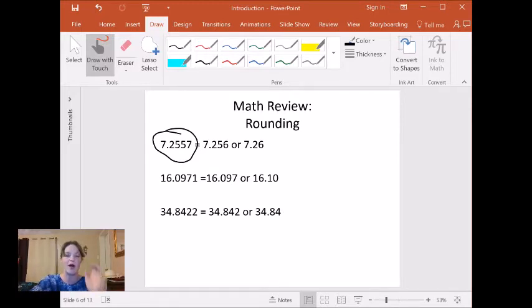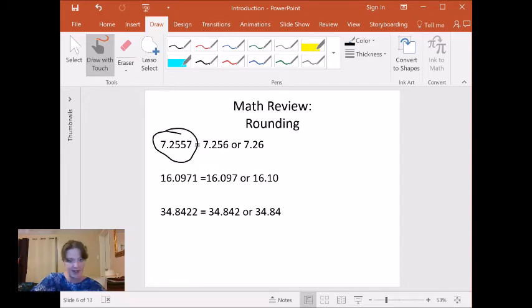So let's say I ask you to round it to 3 places. What I'm telling you is I want you to give me a number that has only 3 numbers after the decimal point. And there's a correct way of doing that and an incorrect way, right? So the way I approach this is if I have 4 numbers and I only want 3 numbers, I look at the size of the 4th number.